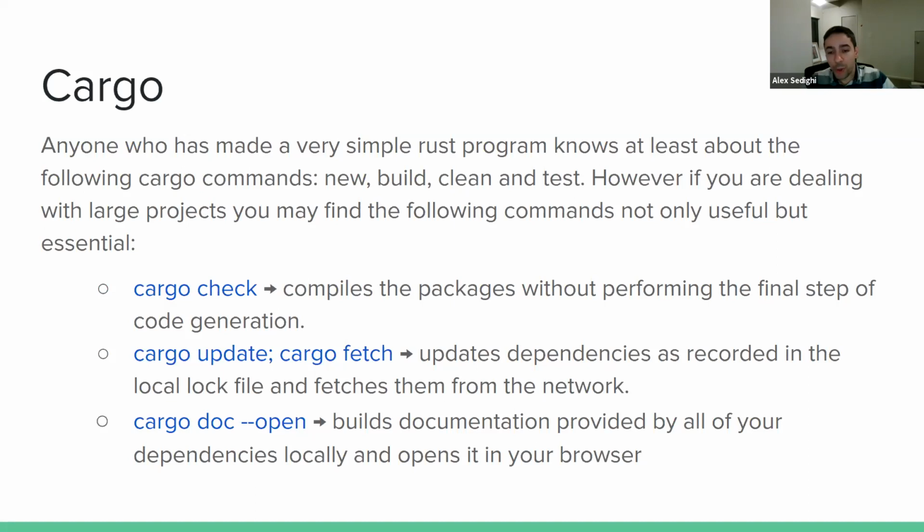One of the things that you had better not do if you are dealing with big projects is cleaning and rebuilding. That can help, but it would take a lot of time and waste a lot of time if you have a very large project.